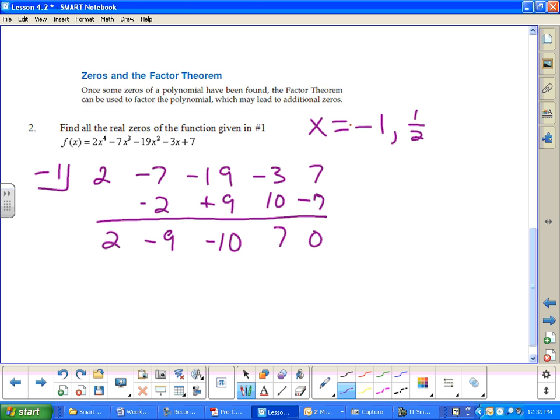And now I've reduced this quartic to a cubic. All right? Now I can use 0.5 or 1/2 and reduce this cubic then to a quadratic, where I can use the quadratic formula then to find the exact value of the other two zeros.